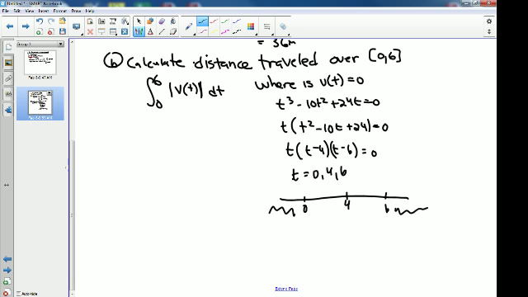So what is velocity at 1? Plug it in. Positive or negative? Yep. If you plug in 5, you'll get a negative. So this is where we need the absolute value.